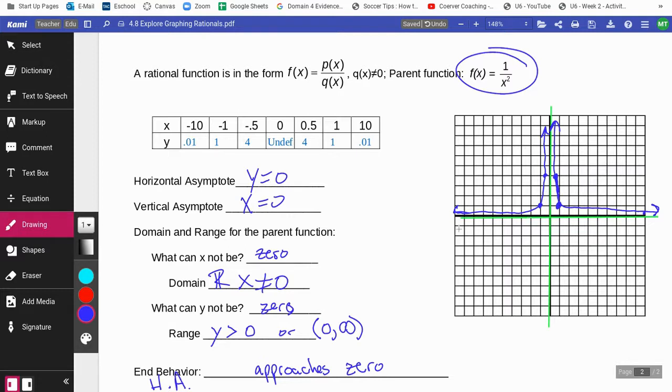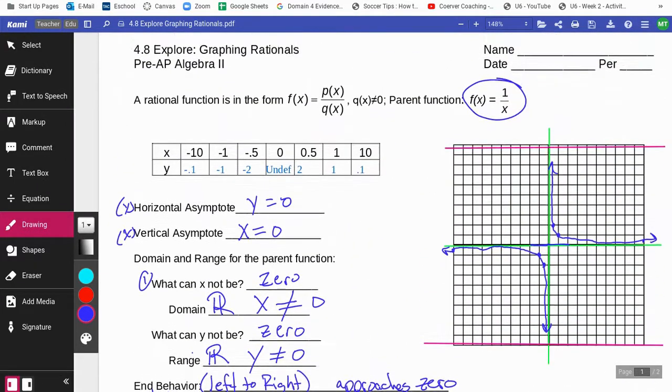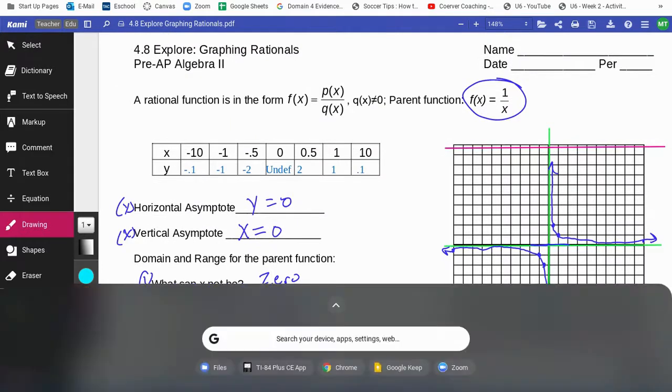And so those are our two parent functions. Today we're going to write equations that have either 1 over x squared or 1 over x. Let me summarize this for us.